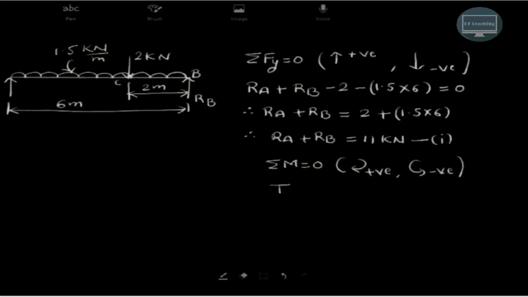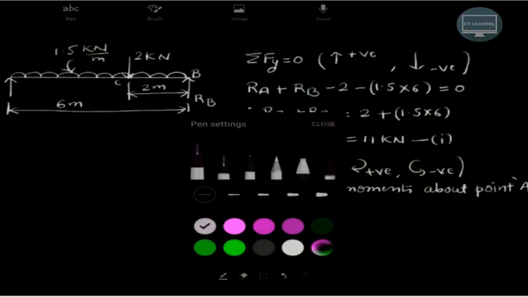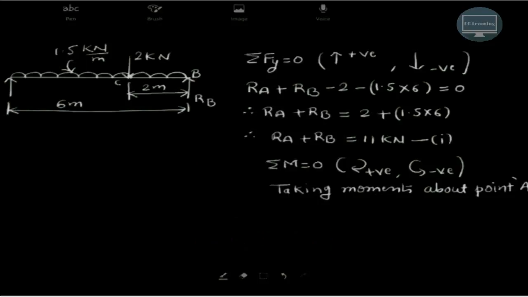Now we'll take moments about point A. Now we'll start with this RB. This RB will produce an anti-clockwise moment about A, and anti-clockwise moments we have considered as negative.